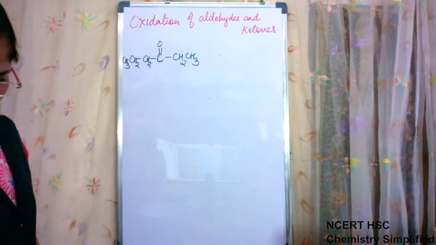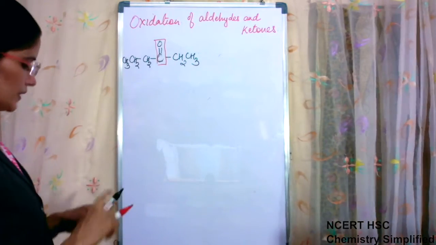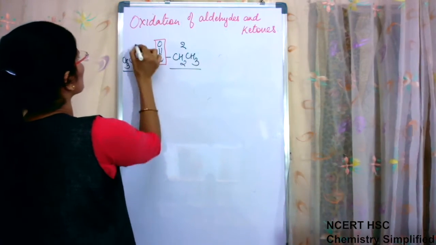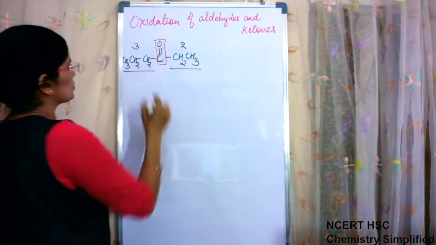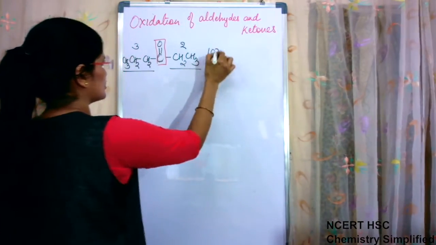Now, if this is the carbonyl carbon of the ketone, then this side the number of carbon atoms is 2 and this side the number of carbon atoms is 3. Now, the product has to be formed after oxidation.